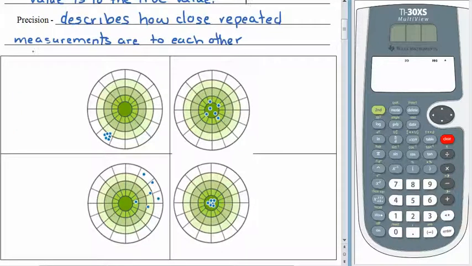At any rate, we have this nice little grouping over here, and this means that things are precise because all of the results are close together, but they're nowhere close to the center. So these are not accurate.